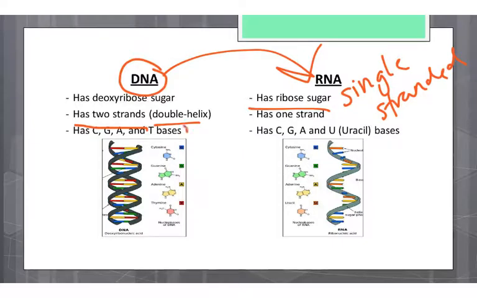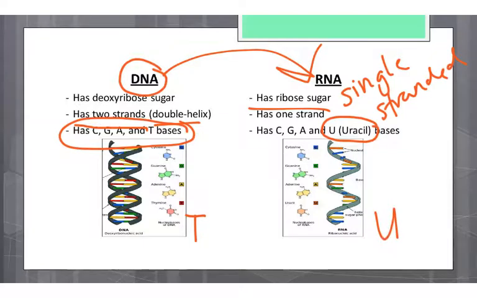This is really, really important: DNA has C, G, A, T, but RNA has C, G, A and U instead. So the big difference is DNA has a thymine and RNA has a uracil instead. So that T is what's really going to be transformed into that U.